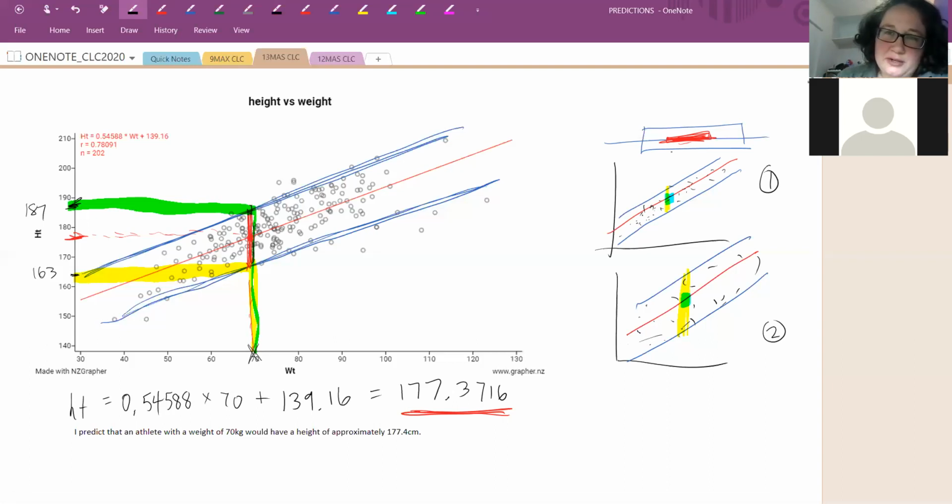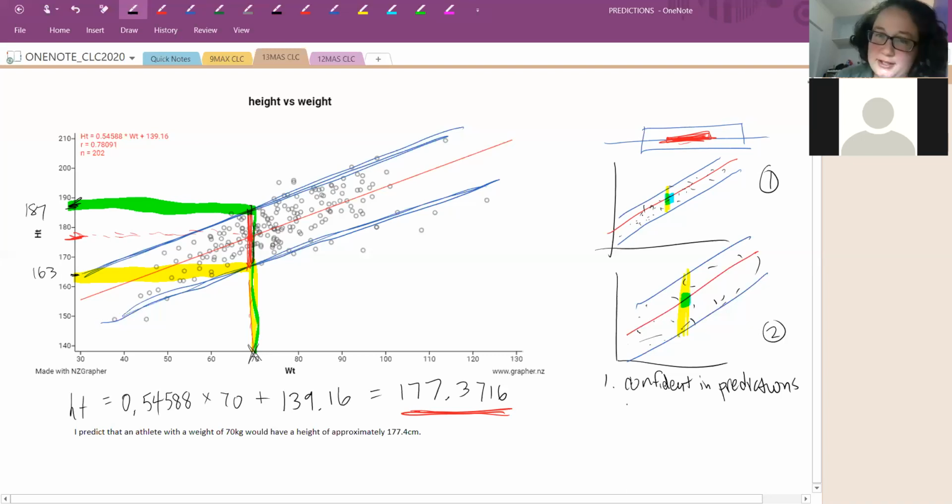So in the first one over here, I'm way more confident in my predictions. There's a smaller range for my Y values.